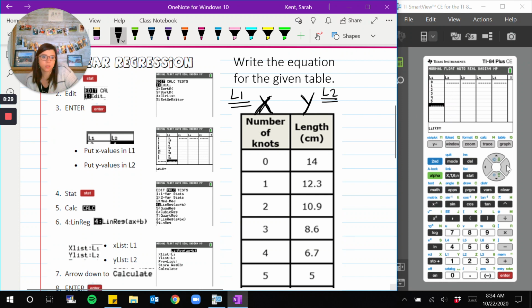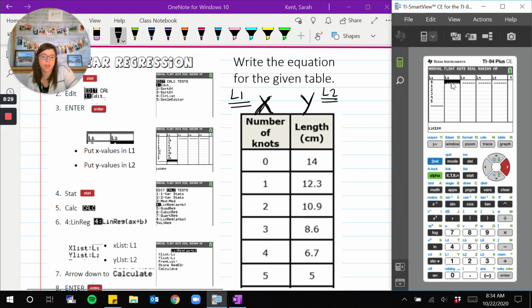I've got to go over to L2. Now you can see the black bar is under L2. Now I'm going to start with 14, enter, and you can see on my calculator 0 and 14 are side by side. On my paper, 0 and 14 are side by side.